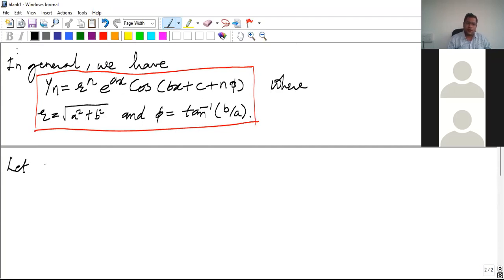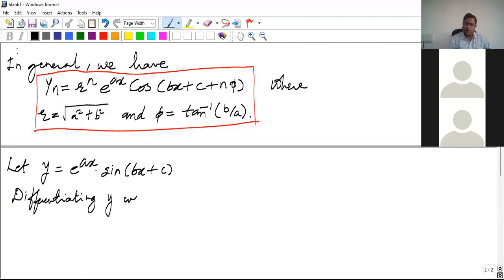So we can let y be equal to e raised to ax into sine of bx plus c. If we have y as e raised to ax into sine of bx plus c, what we have to do is differentiate.